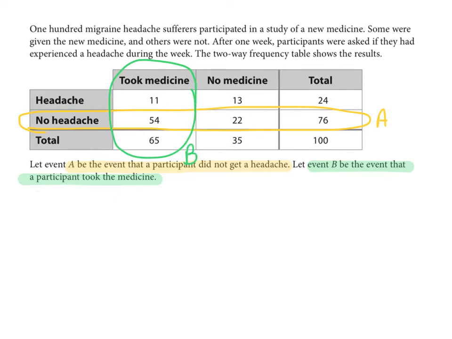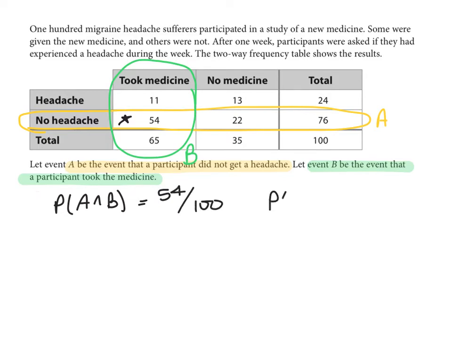Okay, so you could do a few things, and let me just review some stuff with you. If we did probability of A and B, there's 54 people in that category, right? That's this right here. So the probability of that would be 54 out of 100.